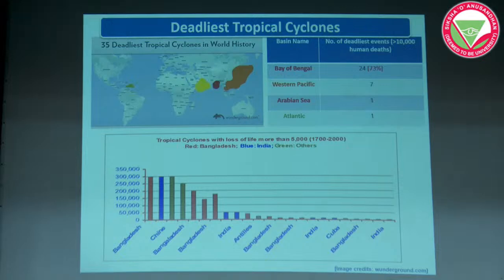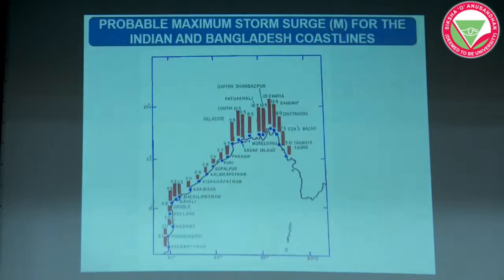Why is it so? Definitely the question. That is due to the storm surges. Out of the 3 major destructive powers of the cyclone I told you, most people are affected due to the coastal storm surges.